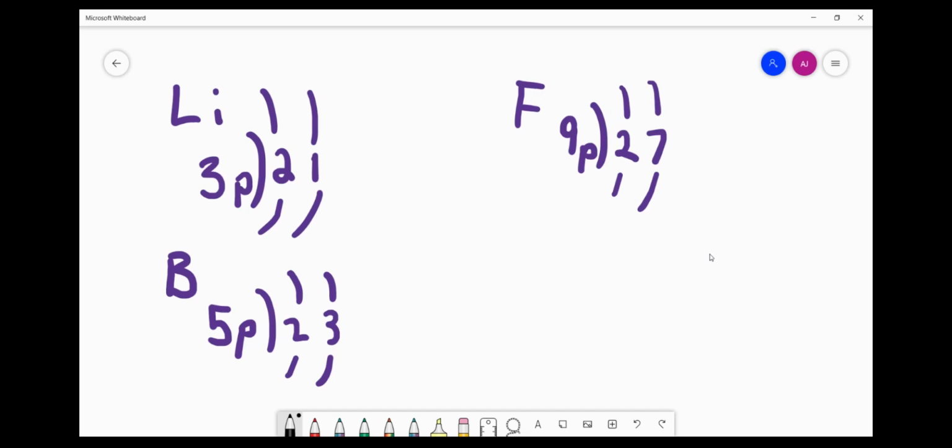Before we start into some calculations and comparisons, let's take a look at what we are actually looking for in this question, which is to find the element with the smallest atomic radius. And we're going to be comparing the forces of attraction and repulsion. So what are we looking for here with a small atomic radius?